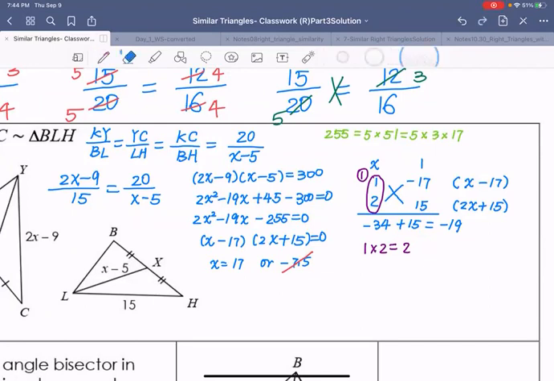X squared coefficient get taken care here. Not just this number, but also same negative or same positive. If here is negative, you have to take care of this negative also, okay? This is step 1. Step 2.